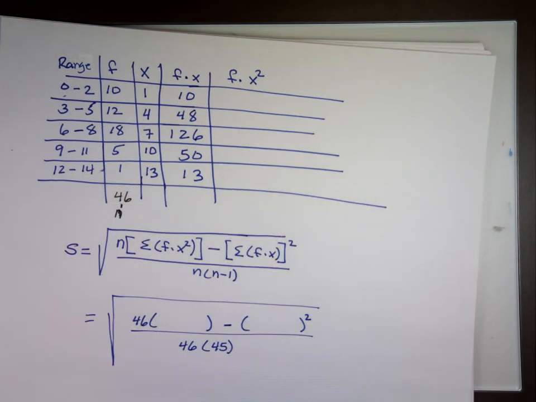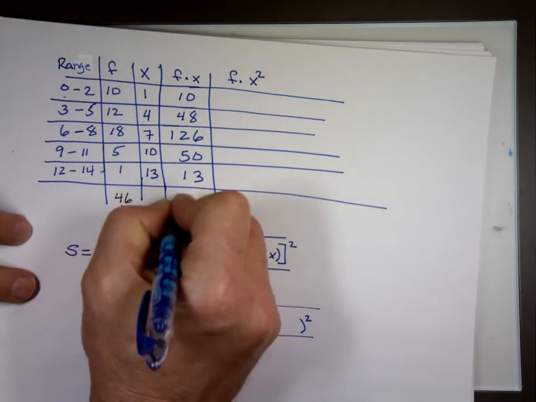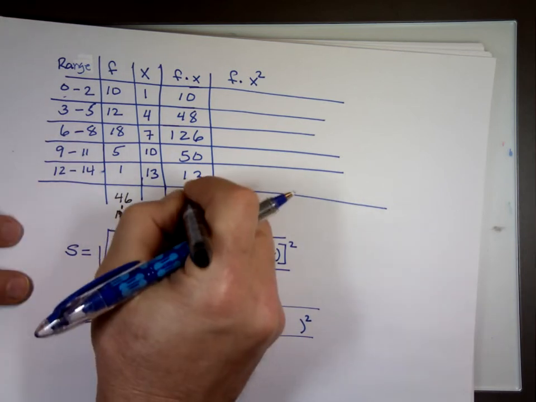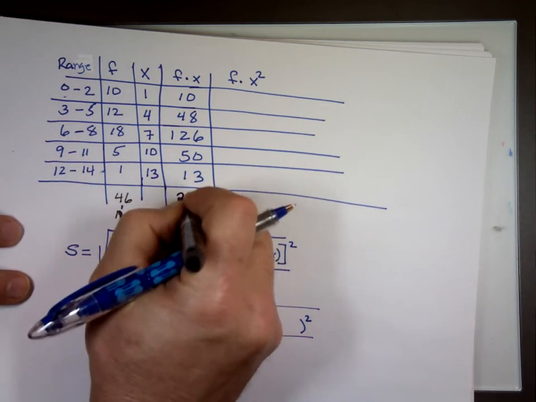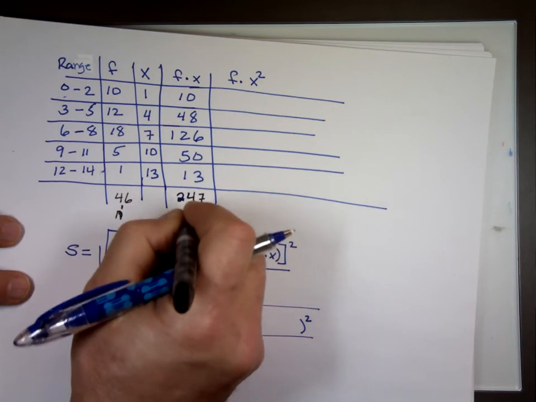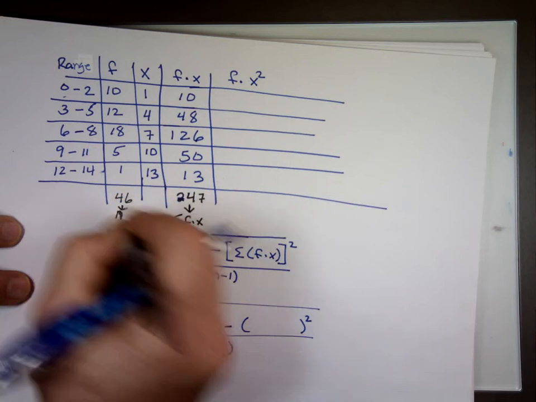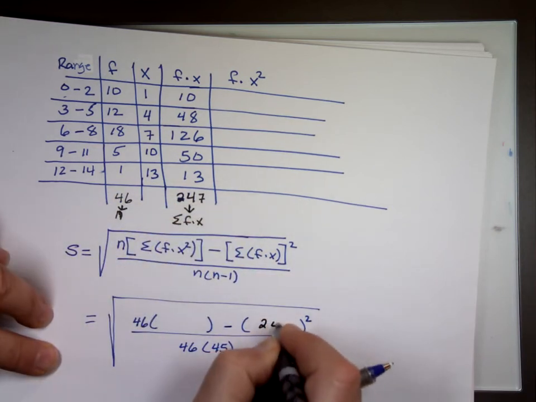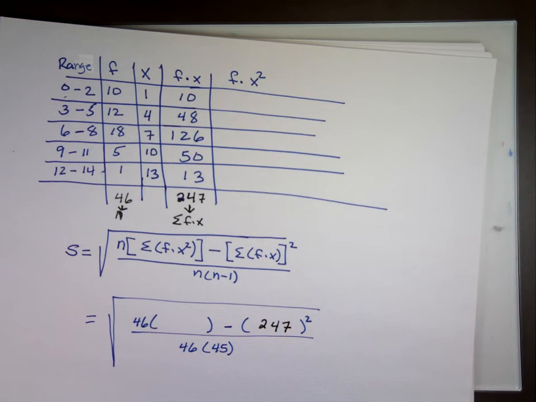And when you add them, that's 247. This one is the sum of f times x. So I know the answer to this, 247. I'm missing this piece.